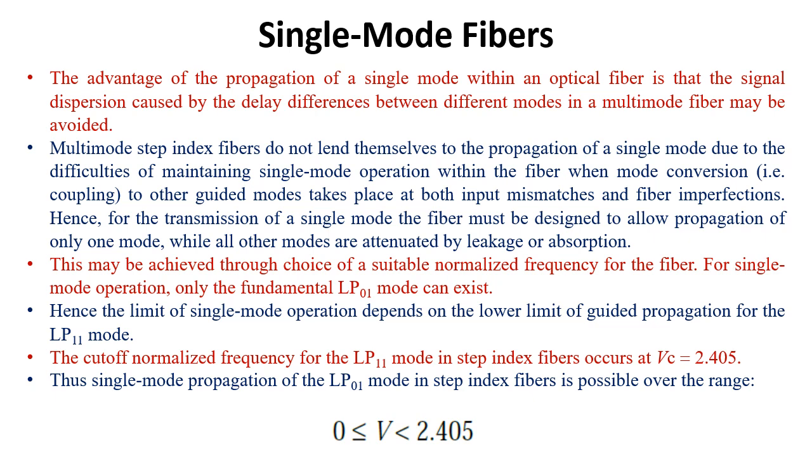To achieve single mode operation, the critical value of the V number is 2.405, and a fiber with a V number of less than 2.405 will be termed a single mode fiber. So 0 to 2.405 is the limit of the V number for the single mode fiber.